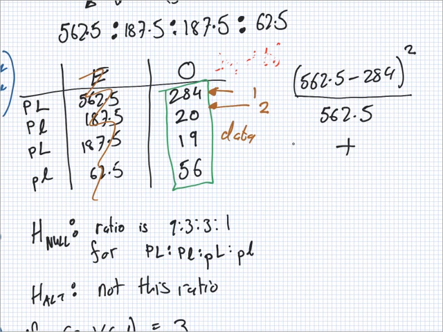So just to remind you, it's expected minus observed squared over expected.